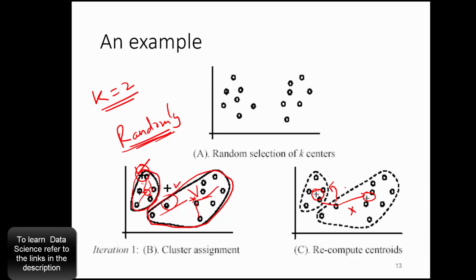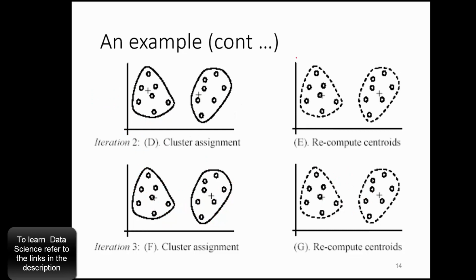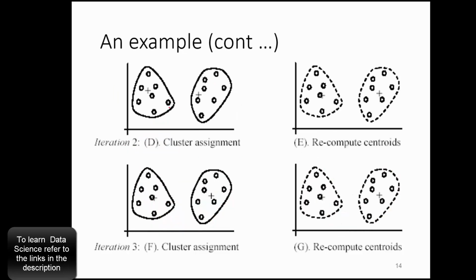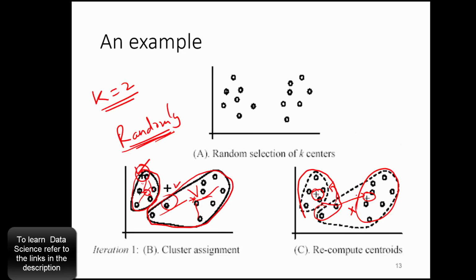This regrouping will happen in the next iterations. You can see, right? These two data points are part of this cluster, and these data points are part of another cluster, and that's what you can see here. There's a clear difference between the last iteration and this iteration.